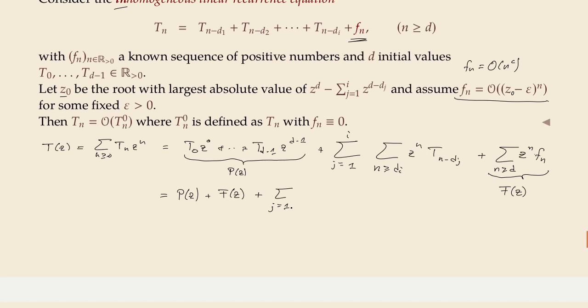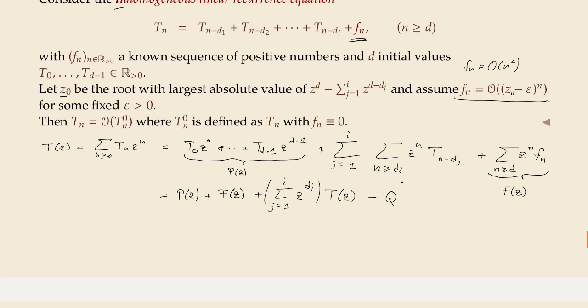So by the same shifting indices and pulling out these tricks as we had before, we get this to match the definition of T(z) with only a few things in front.